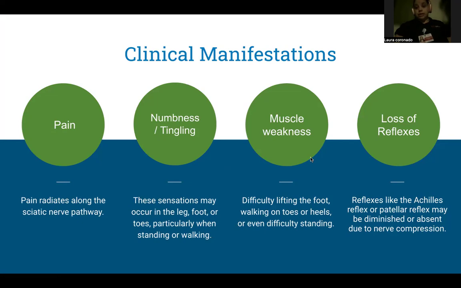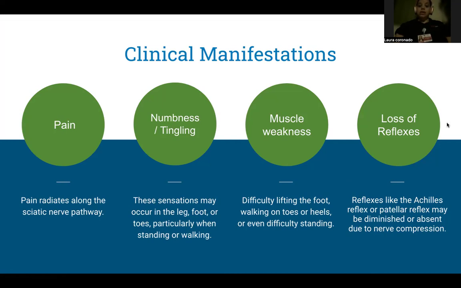In severe cases, any standing and walking, no matter how long it is, triggers the sciatica. And then we would in turn see muscle weakness as well of those posterior chains. So it would affect our gait pattern, lifting the foot, even walking on toes or heels, or like I said, difficulty standing.